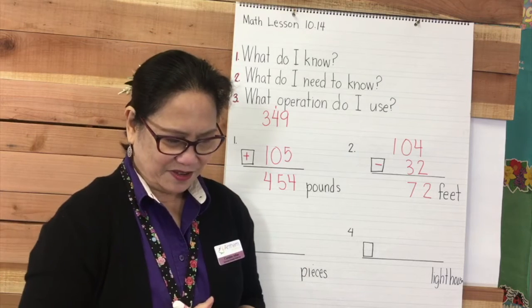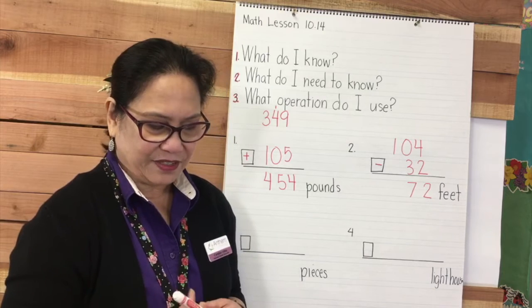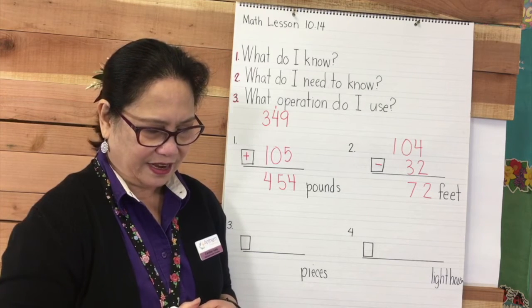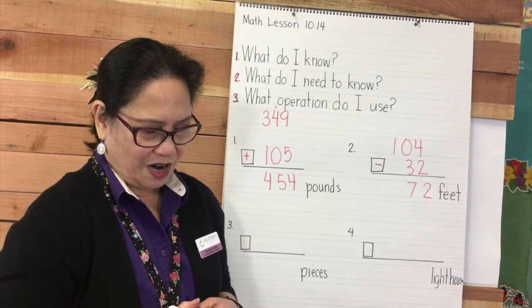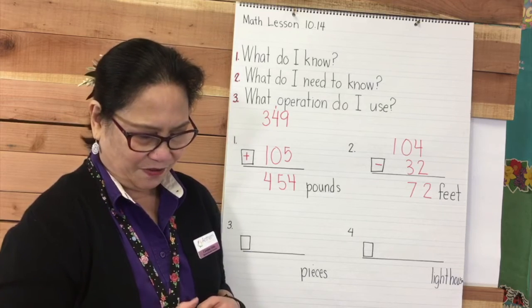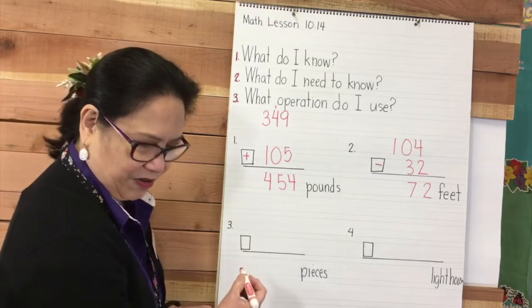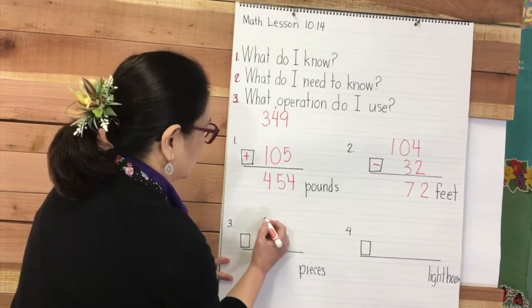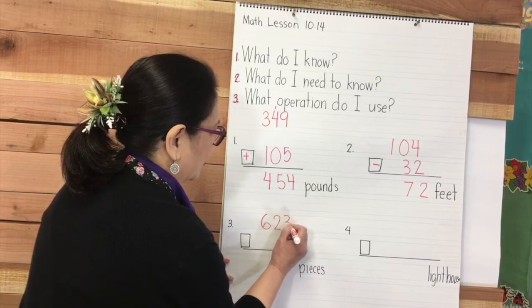Let us continue. There were 623 pieces of candy buried in the sand for the buried treasure game. So far, 215 pieces of candy have been found. So, let us write down what we already know. We know that there are 623 candies.